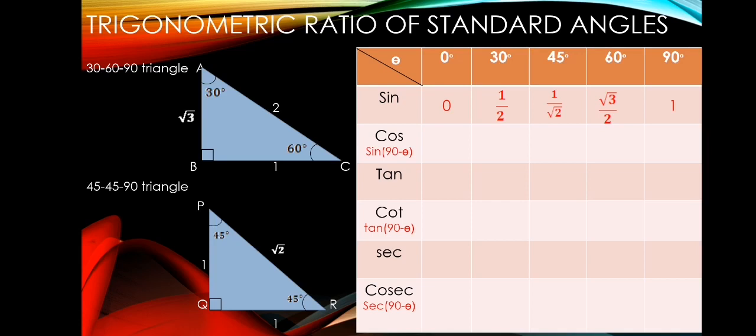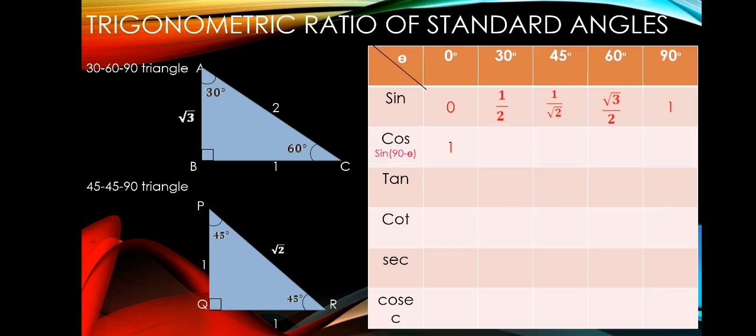So we get cos 0 is equal to sine 90, that is 1. Cos 30, here theta is equal to 30 degree. So sine 90 minus 30 degree is sine 60. So we get cos 30 will be equal to root 3 by 2.